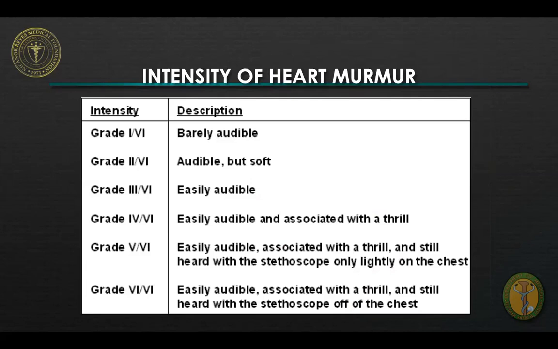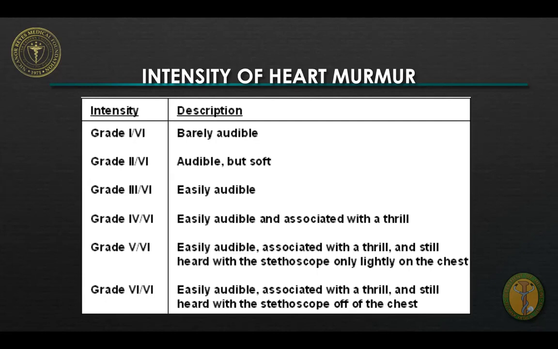Please memorize the intensity of heart murmurs. It is graded from 1 to 6. Grade 1 is barely audible. Grade 2 is audible but soft. Grade 3 is easily audible. Grade 4 is easily audible and associated with a thrill.